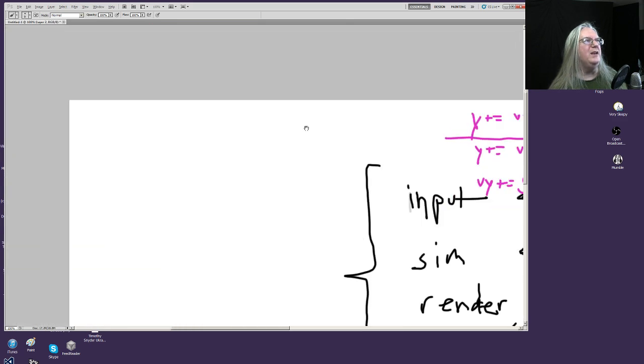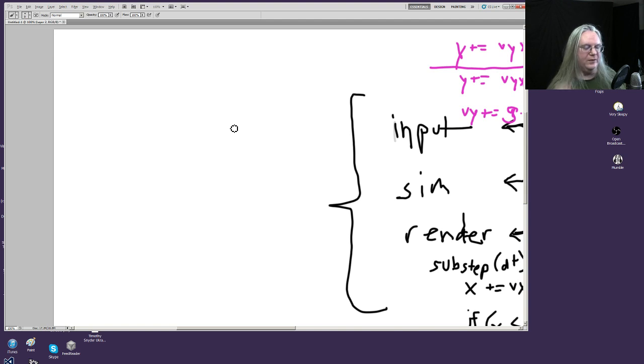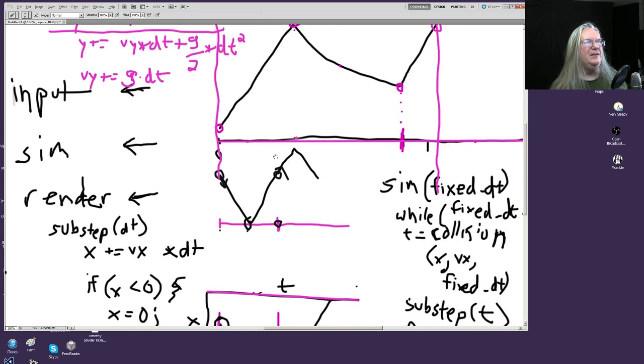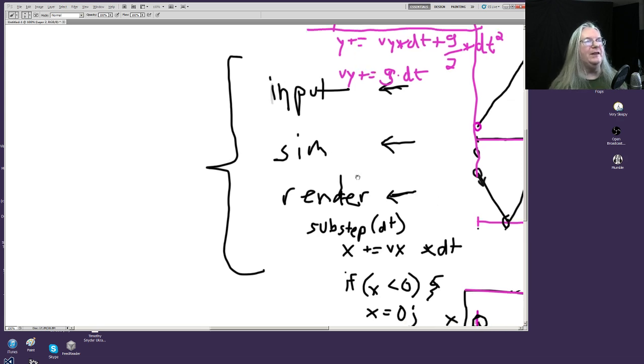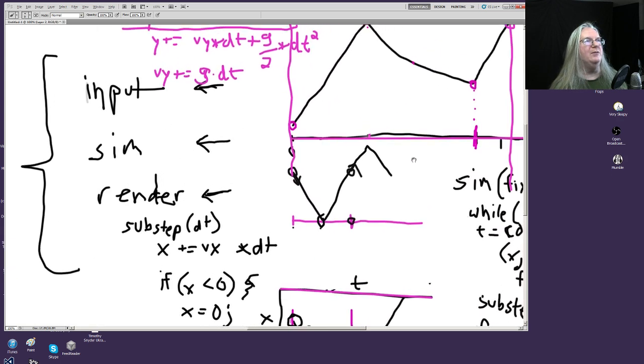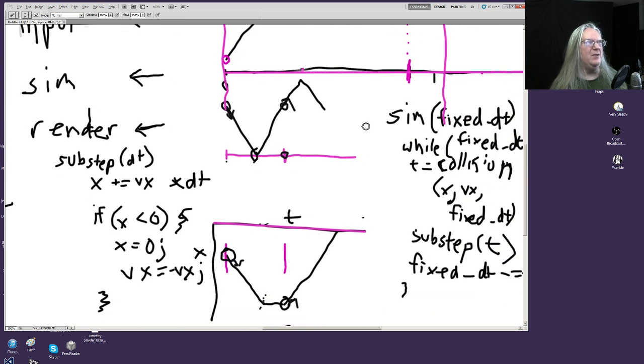Okay, yeah. So then the other thing that you run into, and I don't know how you solve it, is a problem I think about a lot, which is why I went to fixed time step. The whole thing of having a fixed time step loop, the way of implementing a variable time step. So here, the thing is that this gives you, with parabolas, a good solution for dealing with a variable frame rate.